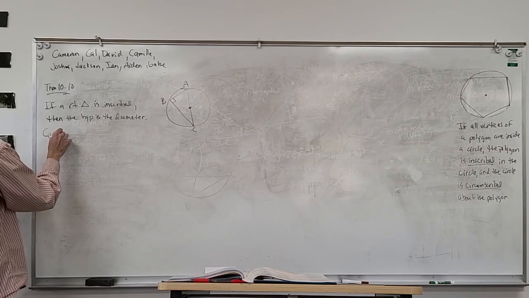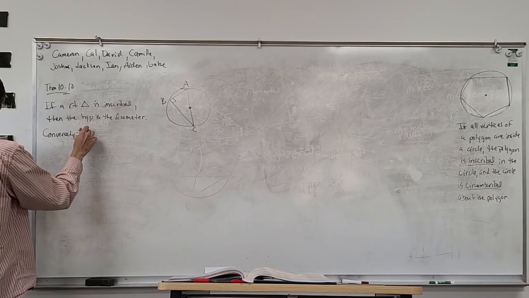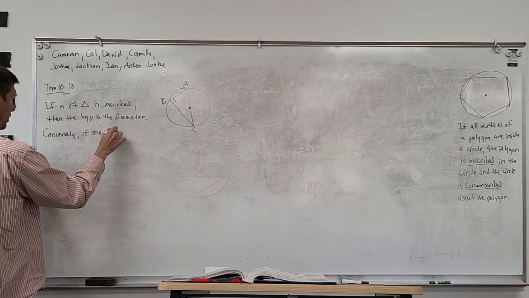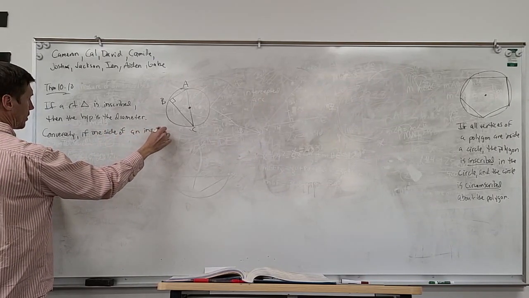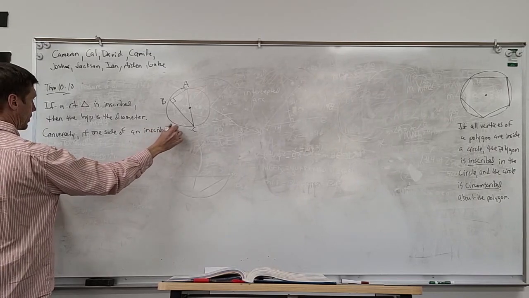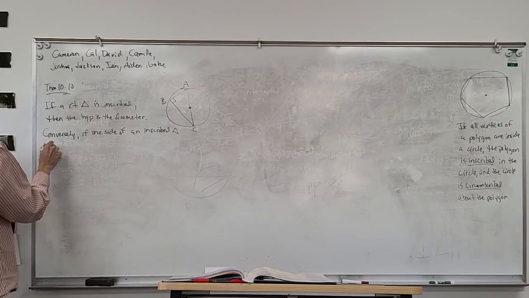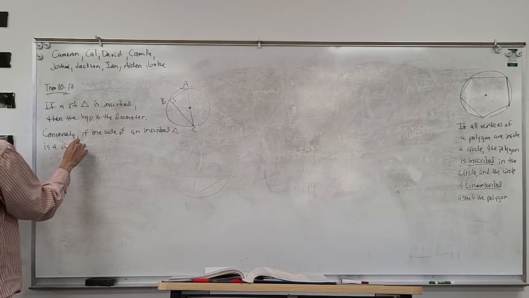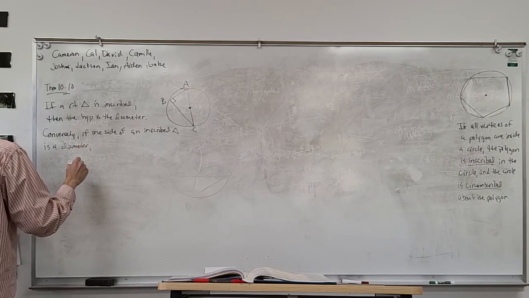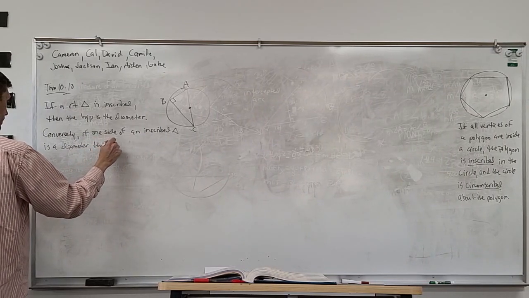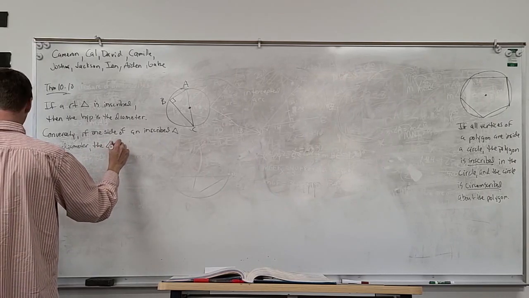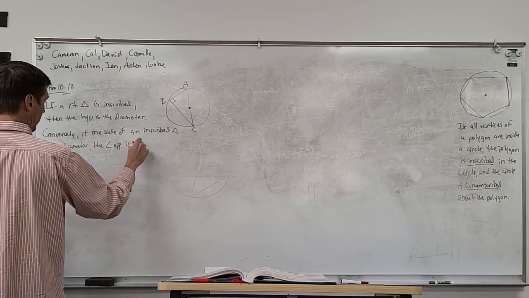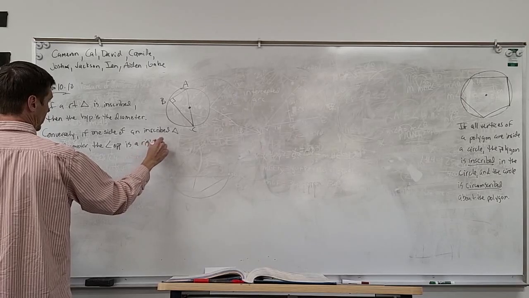Conversely, if one side of an inscribed triangle is a diameter, then we know that triangle is a right triangle. The angle opposite is a right angle.